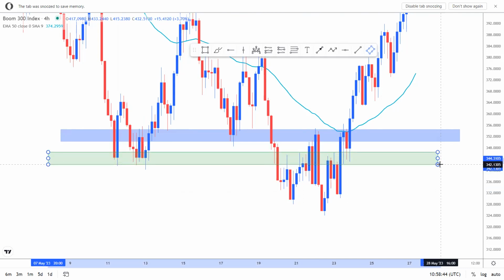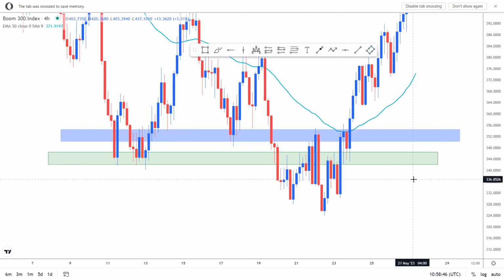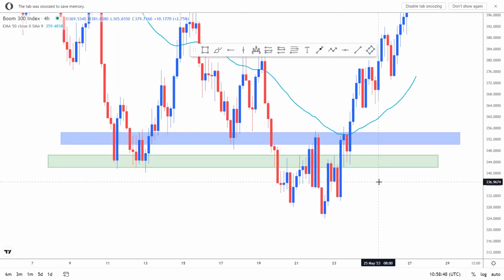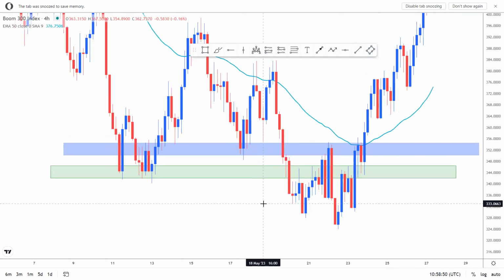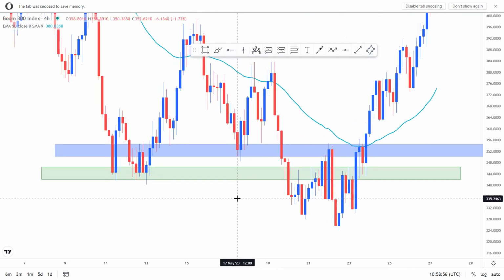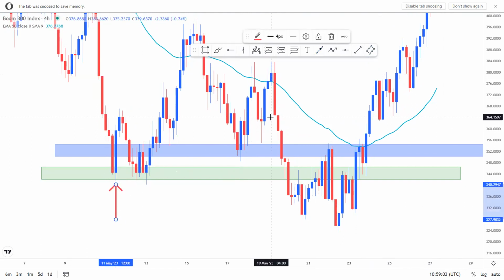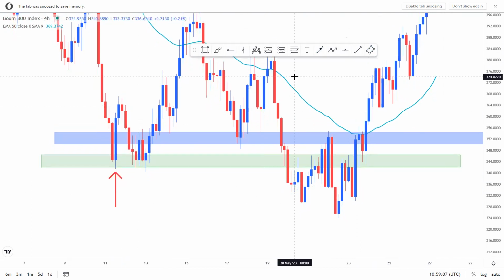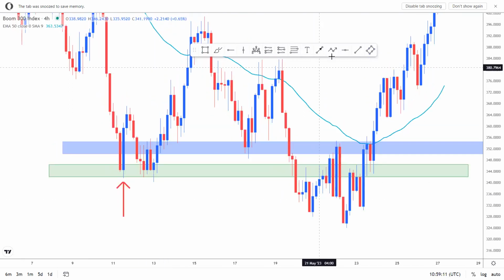I clearly want to identify a shift in market structure, as that would be my entry confirmation for longs. So clearly, as you can see, we had this level being a key level right here, with price testing the level multiple times.